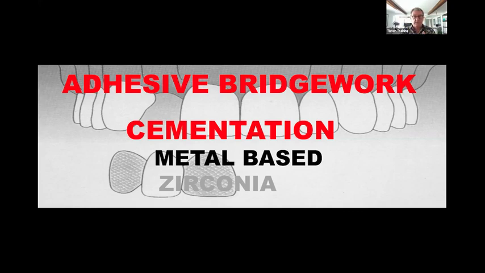Once you've gained your space, guys, also remember temporization is hugely important. That you need to put something on if you've adjusted the upper or the lower, because you're going to get over eruption occurring. So you need to go and temporize this as you would do a porcelain veneer. And for me, that's putting some flowable composite into the lingual or palatal surface. It's going to go into those grooves.